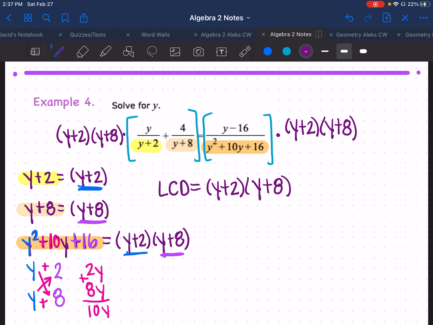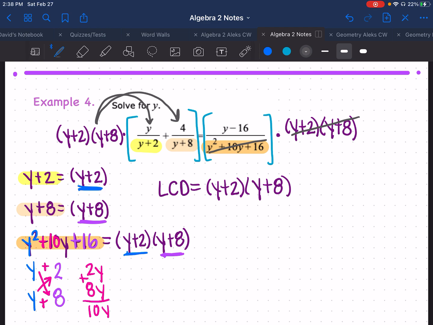Now here is what is going to happen. It is going to cancel out the fraction on this side. And on the other side I end up having to distribute it. So I'm going to multiply my LCD times this one, and my LCD times that one.